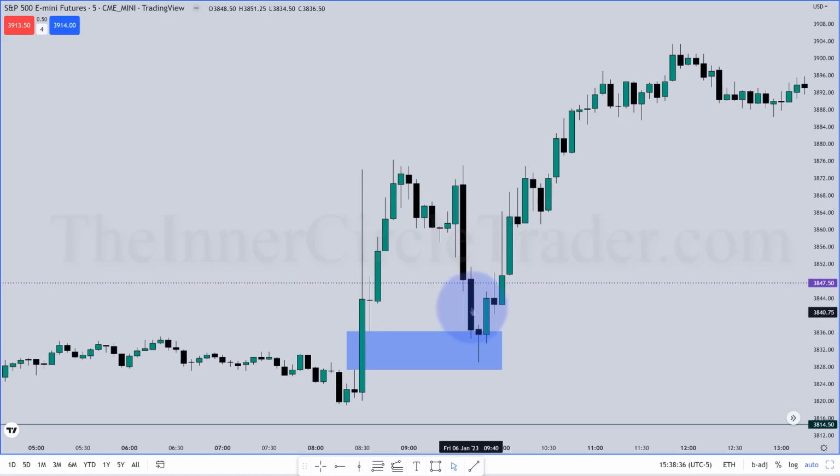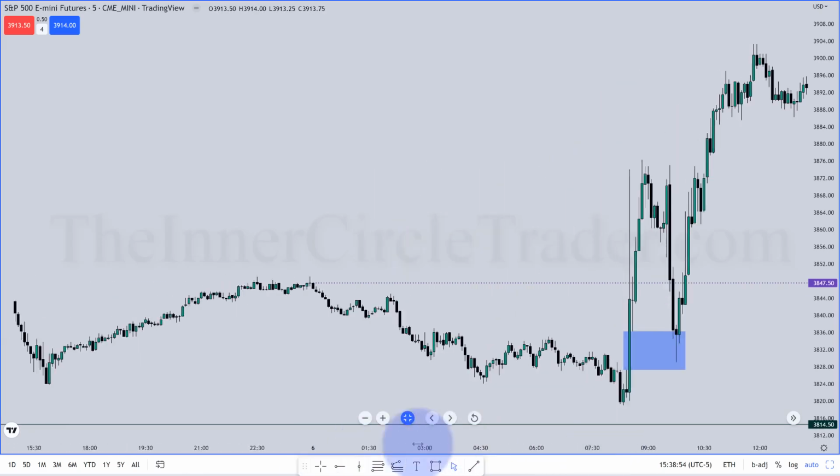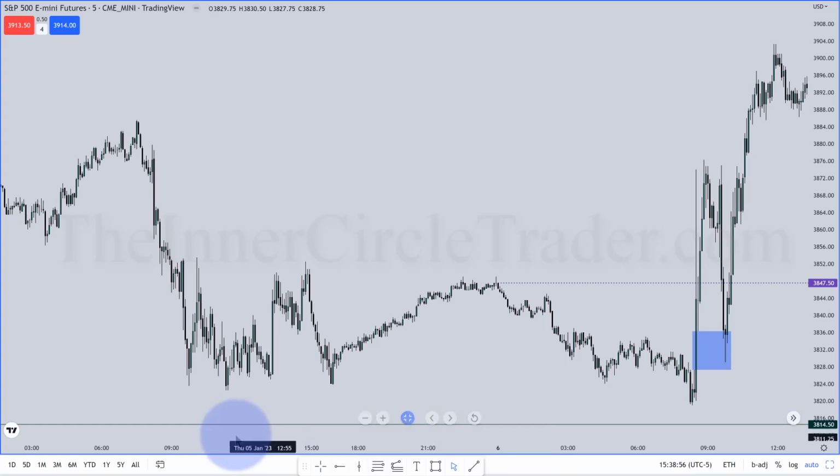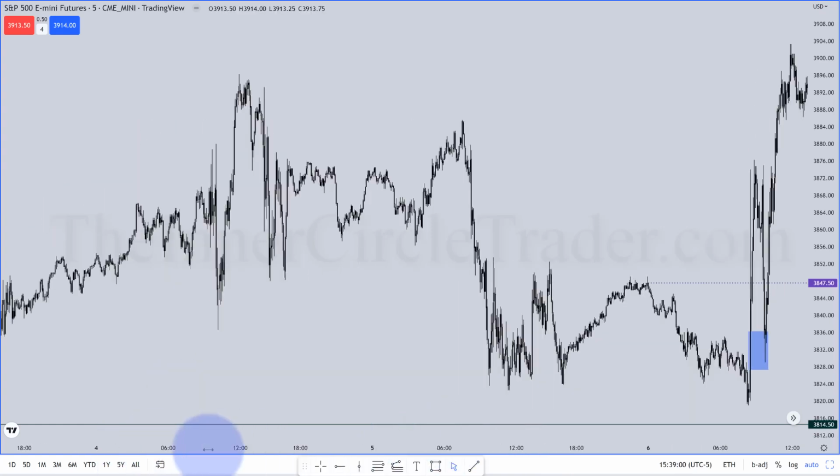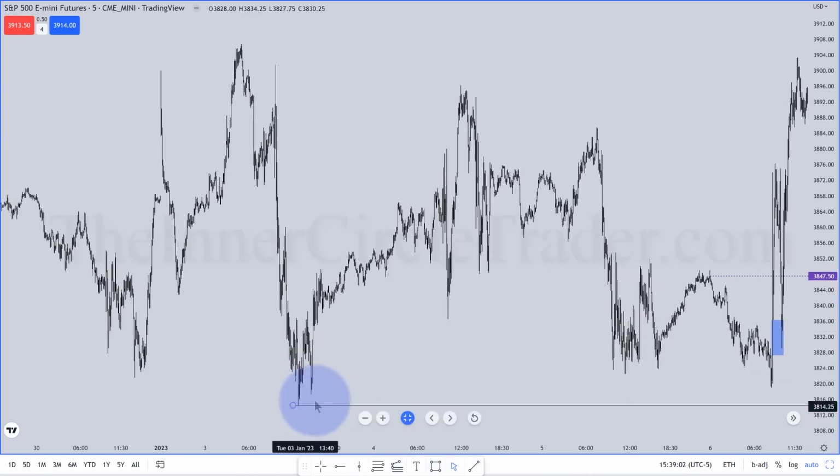Right about in here, I tweeted and said, note 38.14, because we could have easily spiked back down through here, cleaned this area up, ran the stops on anyone that was long with stop losses below that old 15-minute low. Let me bring it back here so you can see. So here's old lows here, and there's one more segment of price action right there. That's where those sell stops I was referring to all week.